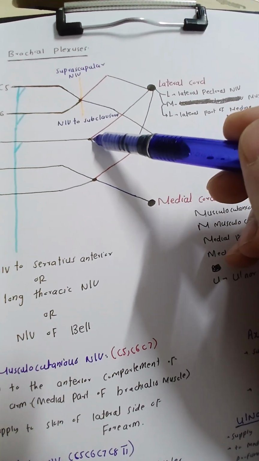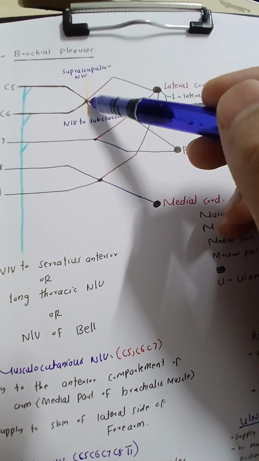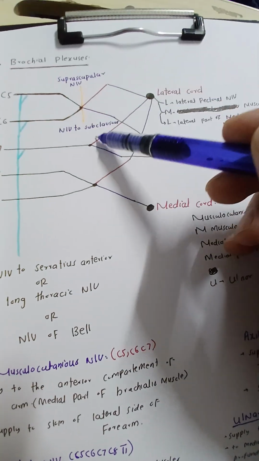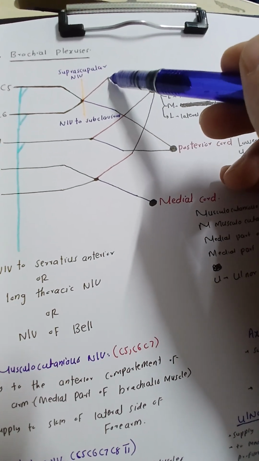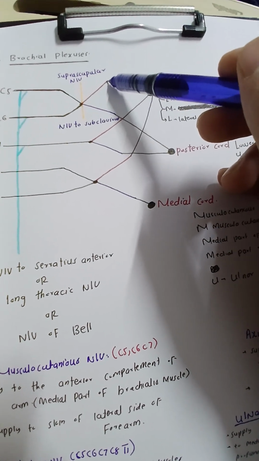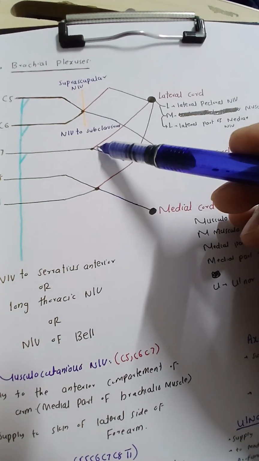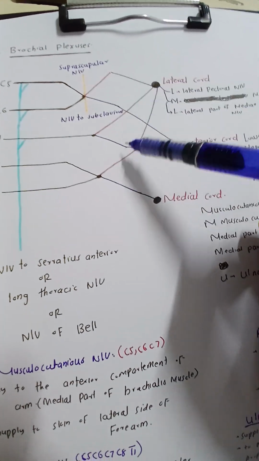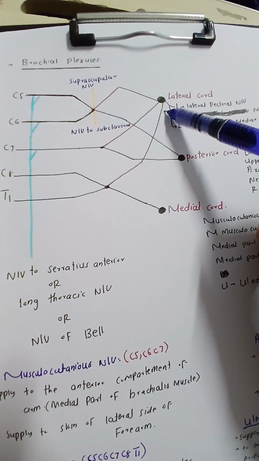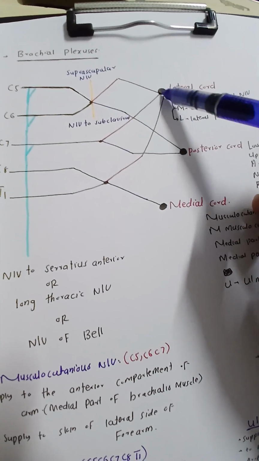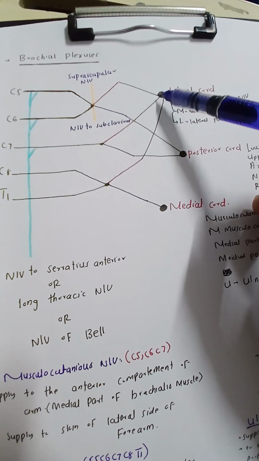the anterior division of all trunks, you see, that is the anterior division of upper trunk, that is the anterior division of middle trunk, and that is the anterior division of lower trunk. They all combine to form the what cord? Lateral cord.